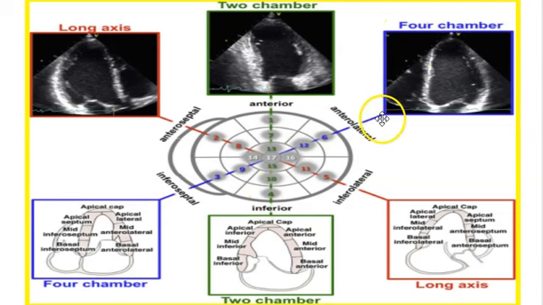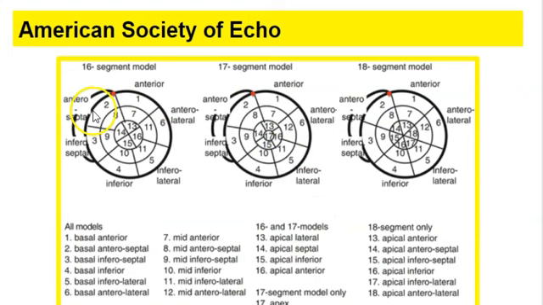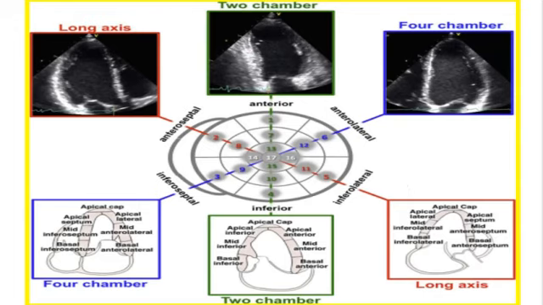The four-chamber view cuts down through this segment over here. And again, if you were looking at that, the four-chamber view would cut down like this segment here. And the long axis view, the red orientation, will cut down through the opposite segment over here, right down through 2, 8, 14, 17, 11, and 5, and so on and so forth.